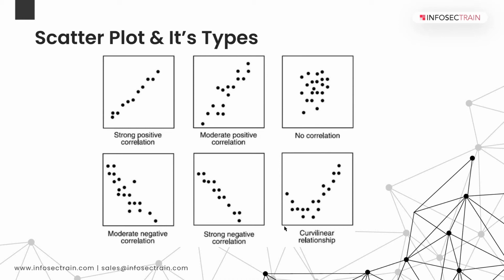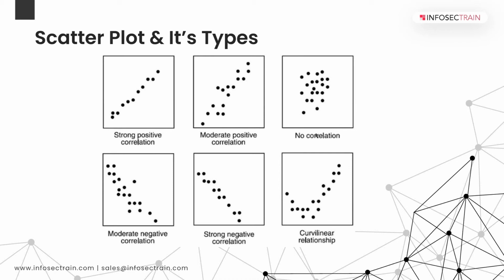Sometimes your data may create a non-linear relationship. By looking at this plot, you can see that there is a non-linear, or curvilinear, relationship. In this plot we only use the term relationship, but in the remaining plots we use the term correlation. Why?